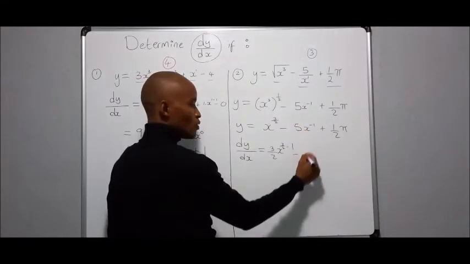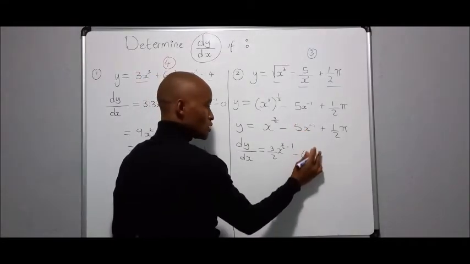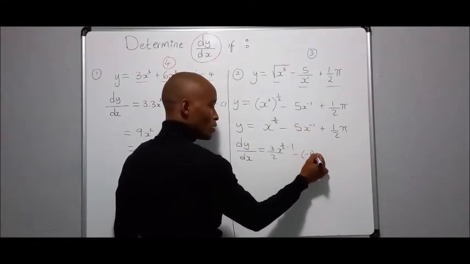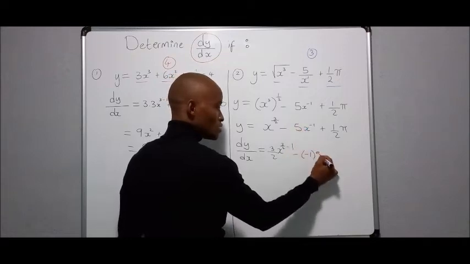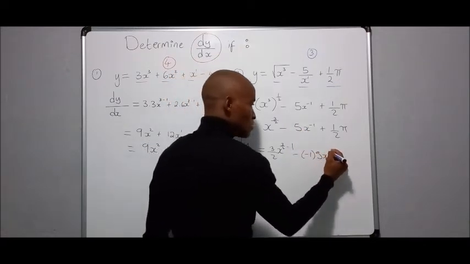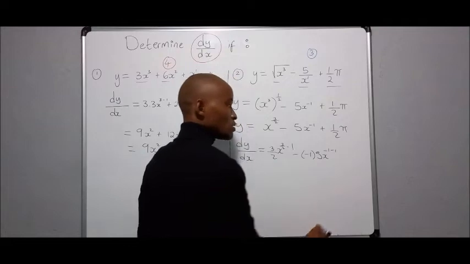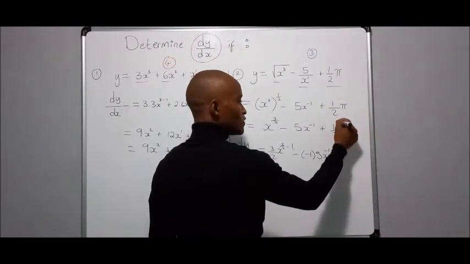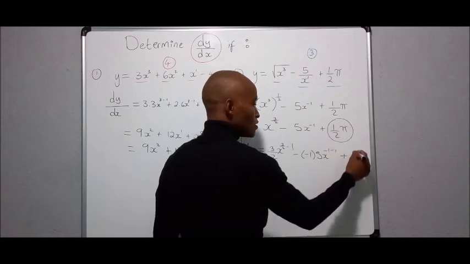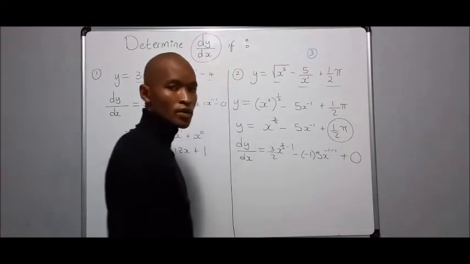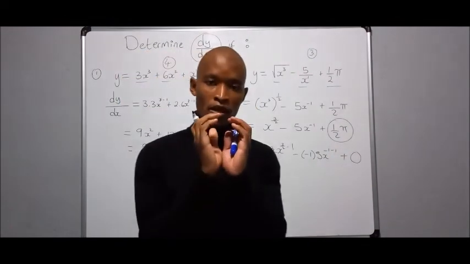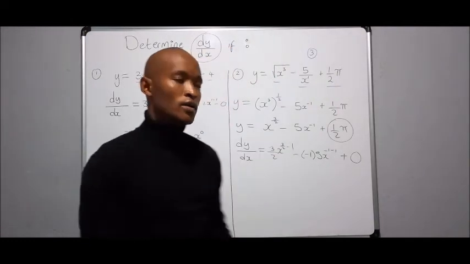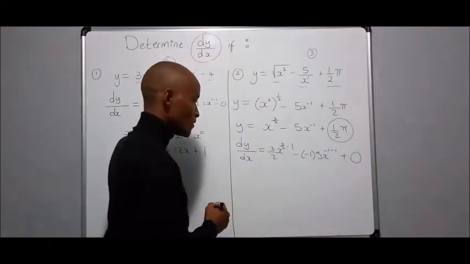Minus, you drop your exponent, it's minus 1 times the coefficient there, 5x. The resulting exponent will be 1 less than the original exponent. And the derivative of a constant function will be 0, because a half pi, you see it as one number. It's half of pi basically.